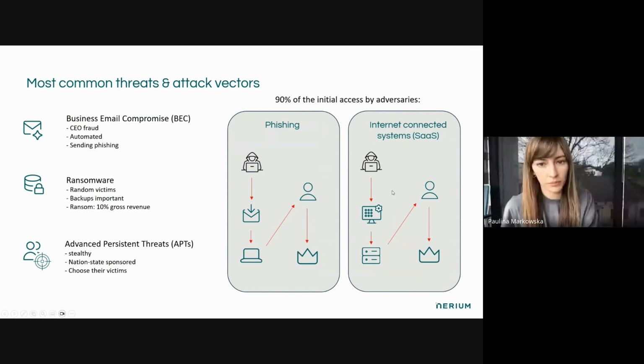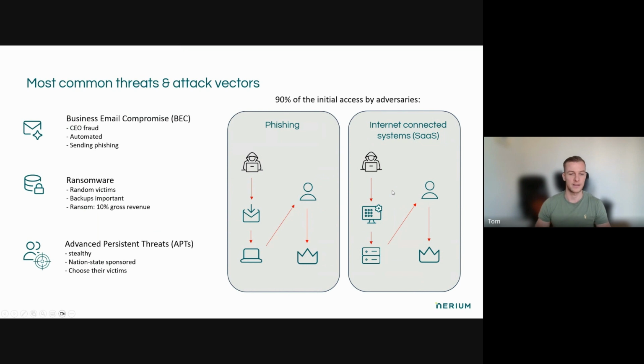The second one that we see a lot is internet-connected systems or services, I must say. So the bad guy connects to a service. That can be a login portal, it can be an email account, but it can also be a SaaS service that you're delivering for a customer, right?